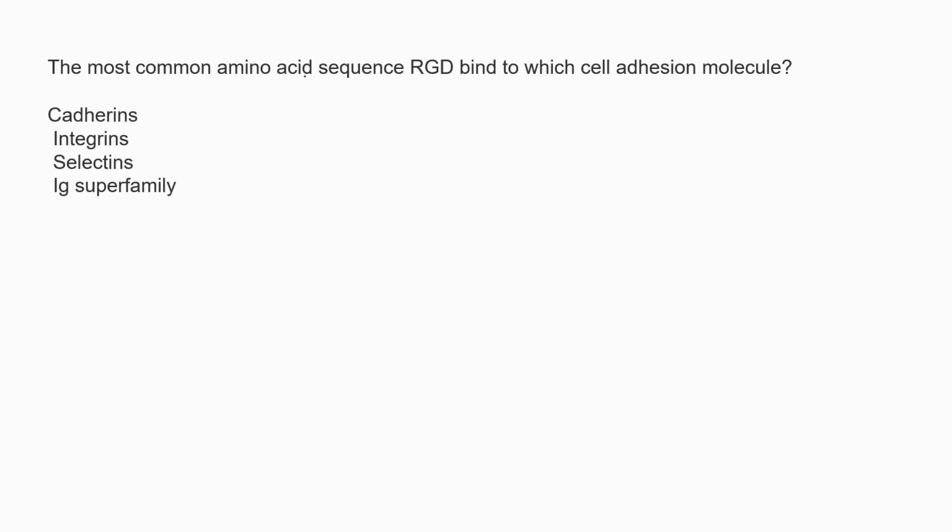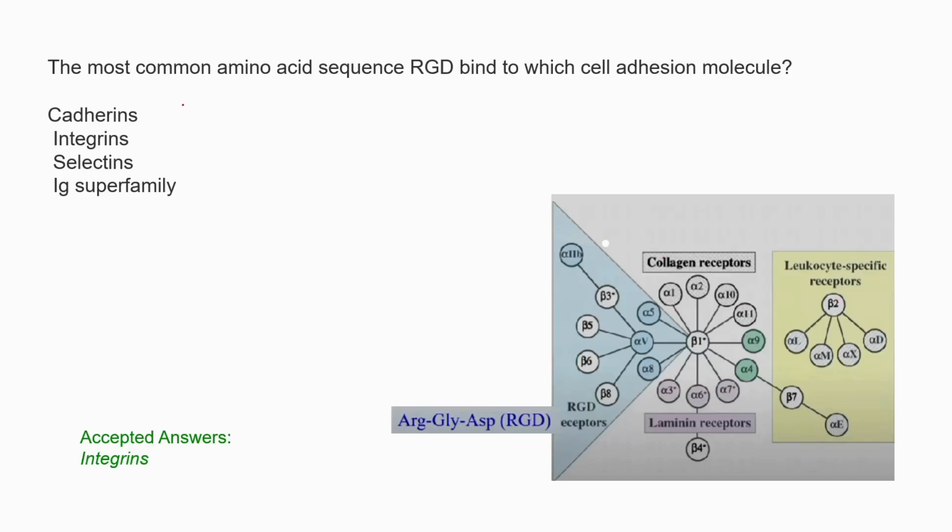So here the correct answer would be integrins. The RGD sequence is basically three amino acids: arginine, glycine, aspartic acid. This is the integrin molecule, and it has different receptors.